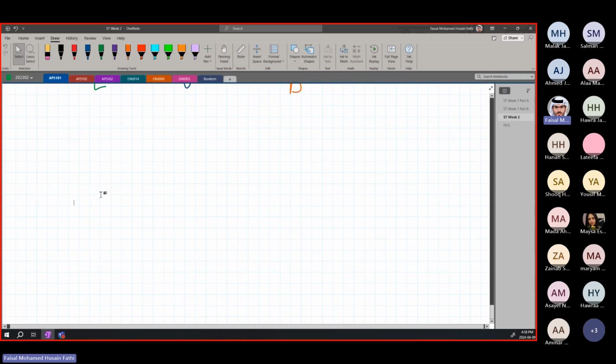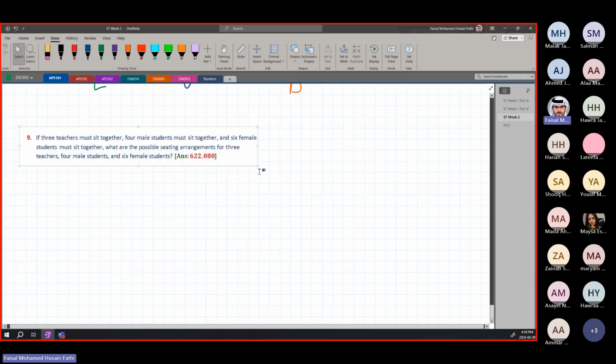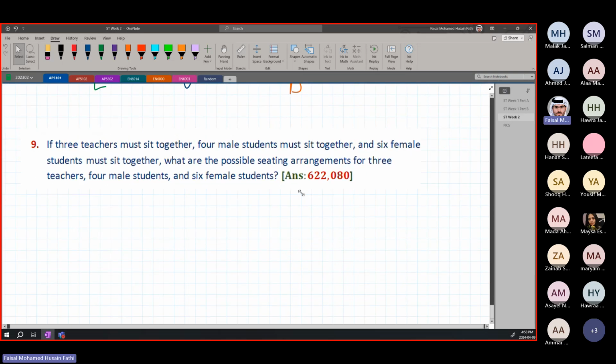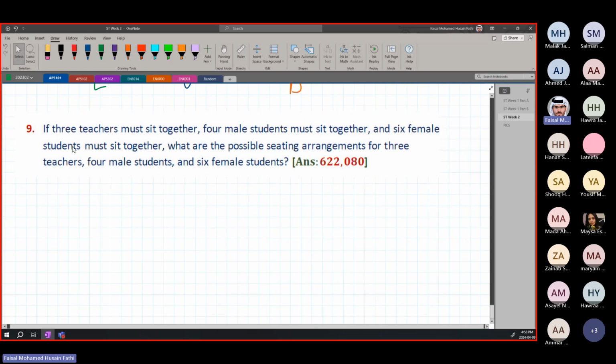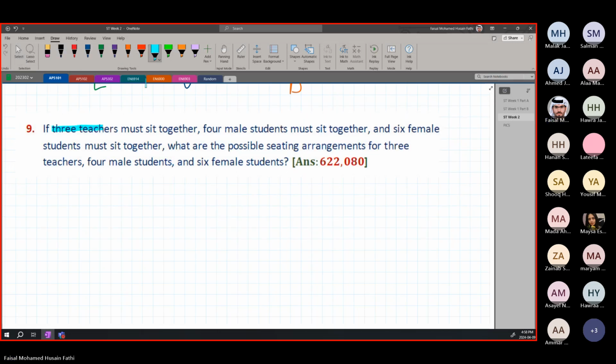Now, if teachers must sit together, okay, this is a good one. If 3 teachers must sit together, they have to be close to each other.